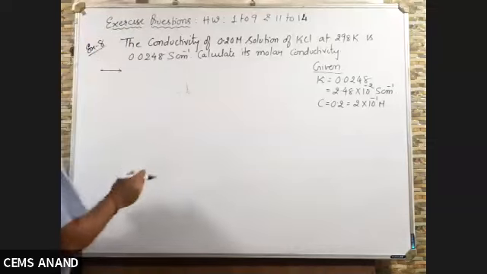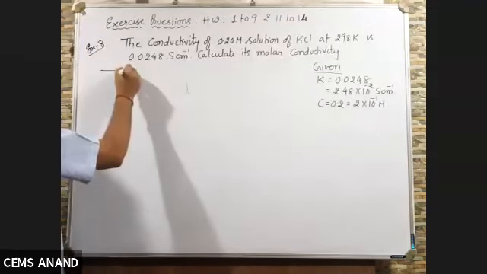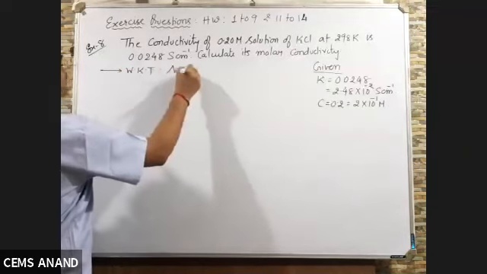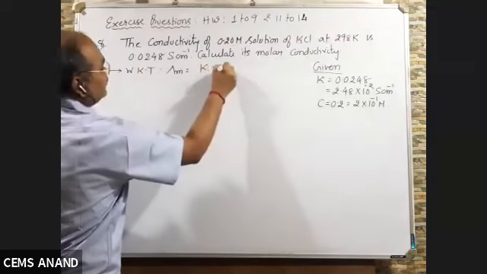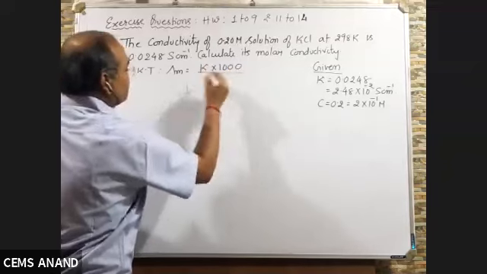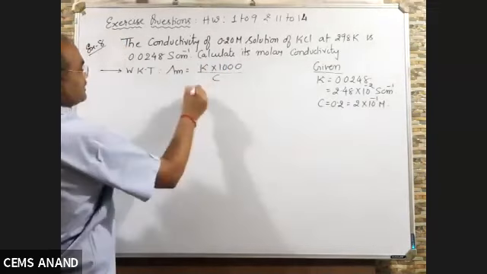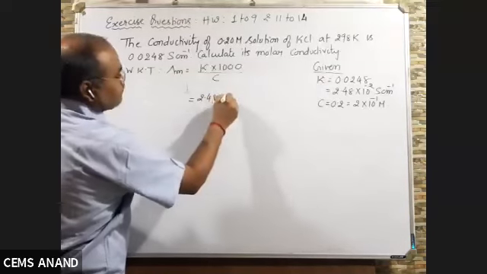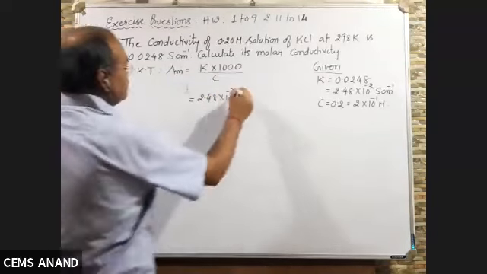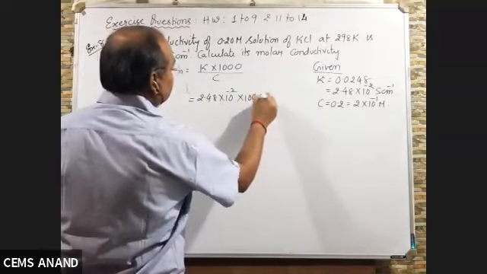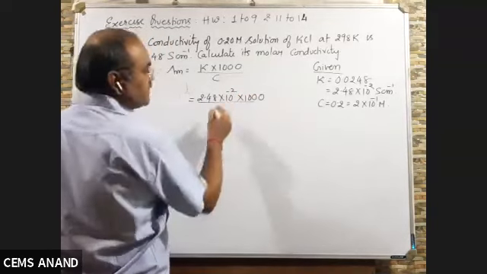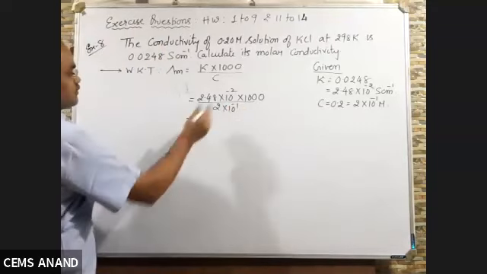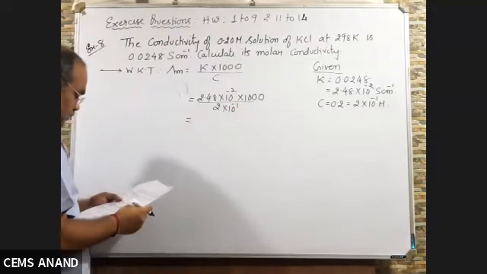Now calculate molar conductivity. For that we know that molar conductivity is equal to kappa into 1000 by C. C is the concentration, so you can put the values. Kappa is 2.48 into 10 raised to minus 2 into 1000 by concentration, 2 into 10 raised to minus 1. Now solve this.